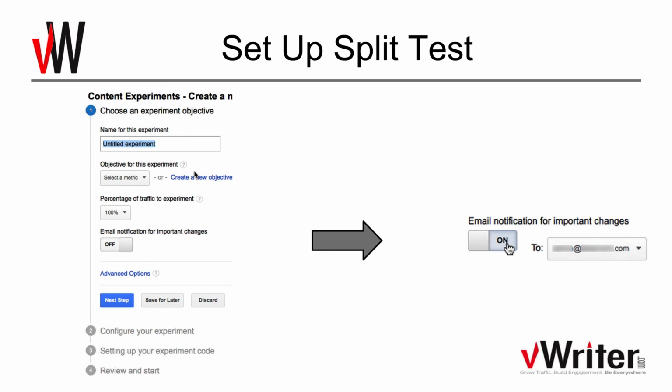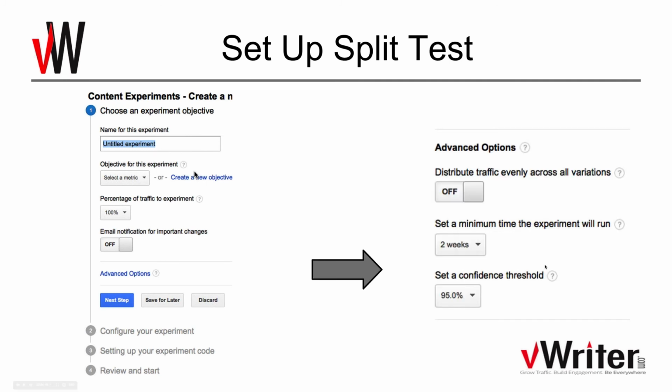There are some advanced options as well. Generally, you'll leave these off. You won't change these. In terms of the first one there, distribute traffic evenly across all variations. That's off, which means that what Google does is, as it starts to see a variation win, it will start directing more traffic to that winning page, which means that you will benefit from those improvements straight away.